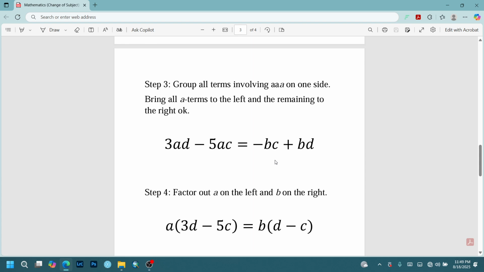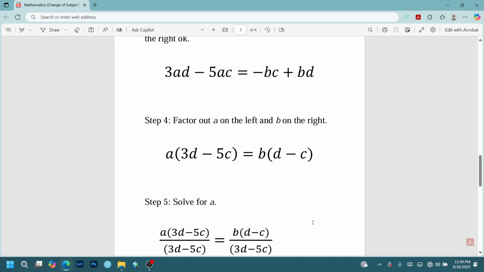So negative BC plus BD gives us B multiplying, all in brackets, D minus C. So we solve for A.